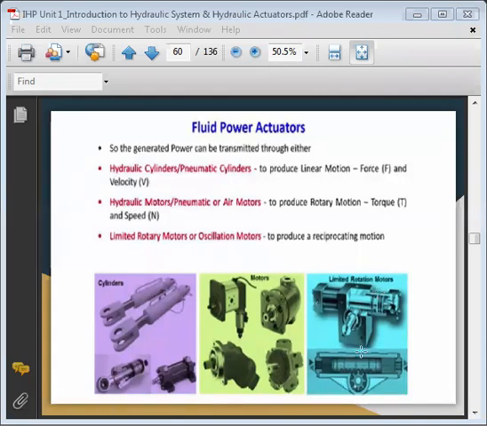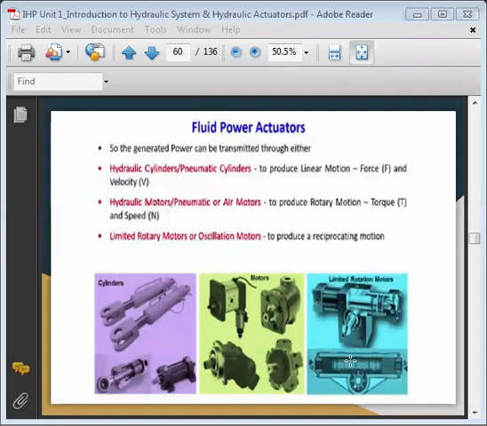The linear motion of the rack is converted into rotary motion, or the rotary motion is converted into linear motion. It is called the limited rotary motor, or oscillation motor.